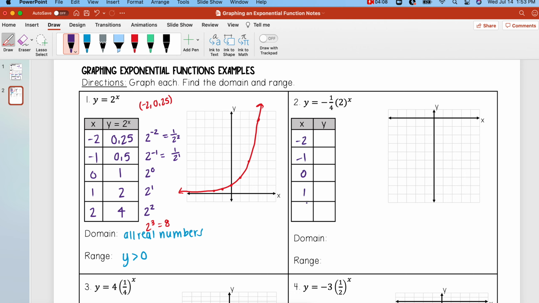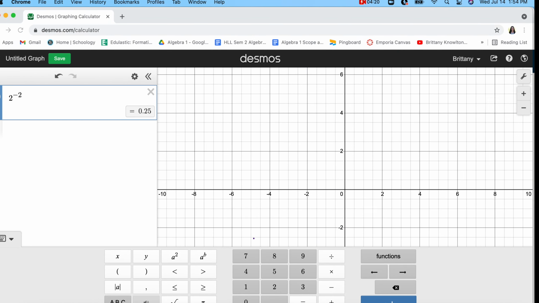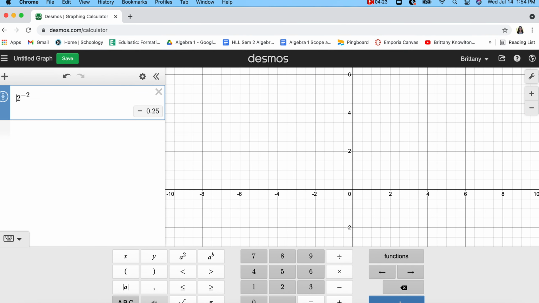So I want to put these in. Now I have -1/4 times 2 to the -2nd power. Going back over to Desmos, I can put the negative, and I want 1/4, so I'm just going to click 1, click my slash button, and 4. Then I can even put parentheses around here, just so it looks just like it does in the problem.